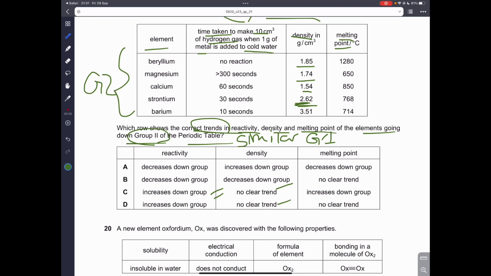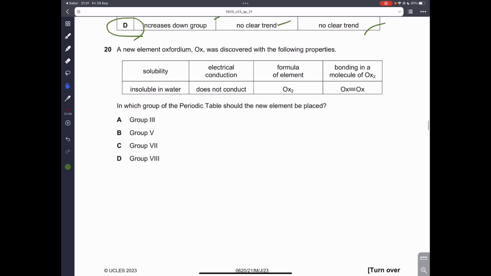The melting point will decrease down the group generally, but if you look at the data that is provided to you, you can see there's a decrease and then an increase again and then a decrease again. So this shows there are fluctuations between the melting points. So there's no clear trend, so D is the correct answer.